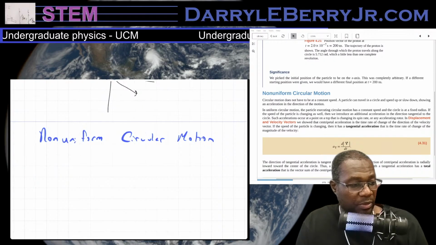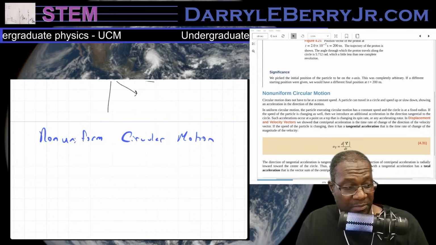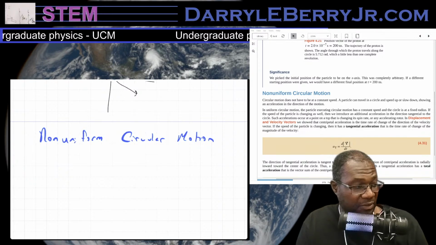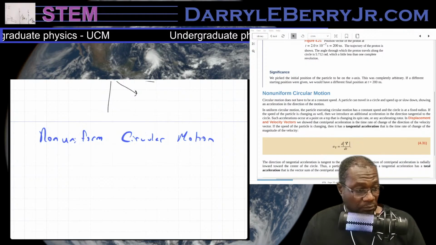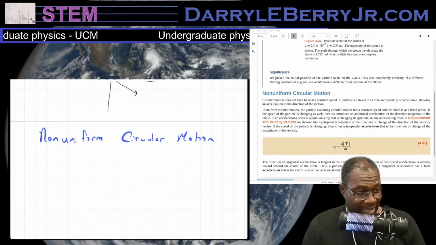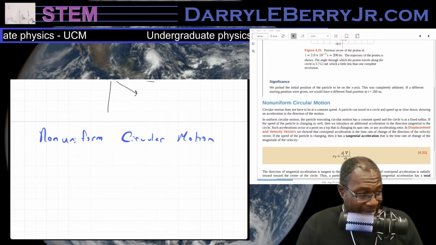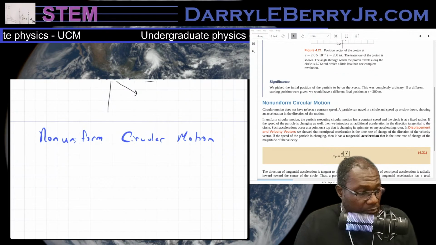We showed that centripetal acceleration is the time rate of change in the direction of the velocity vector. If the speed of the particle is changing, then it has tangential acceleration. That is the time rate of change of the magnitude of the velocity.